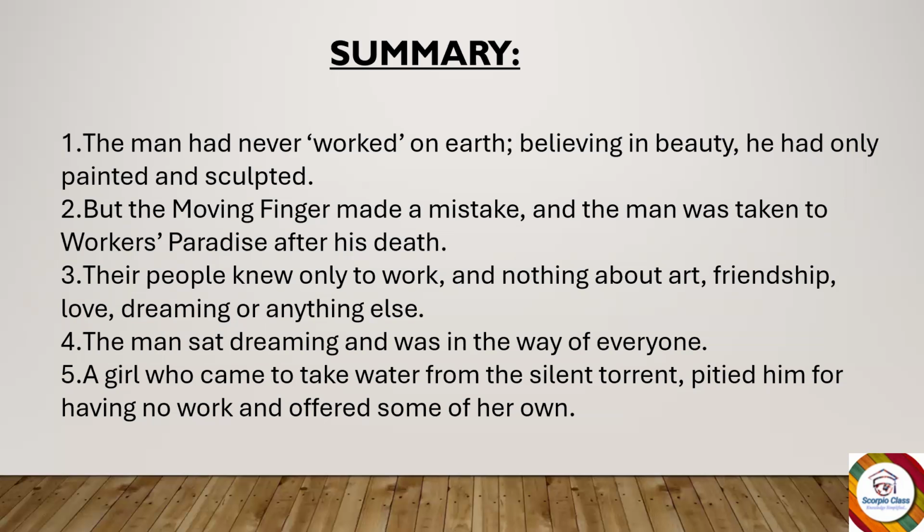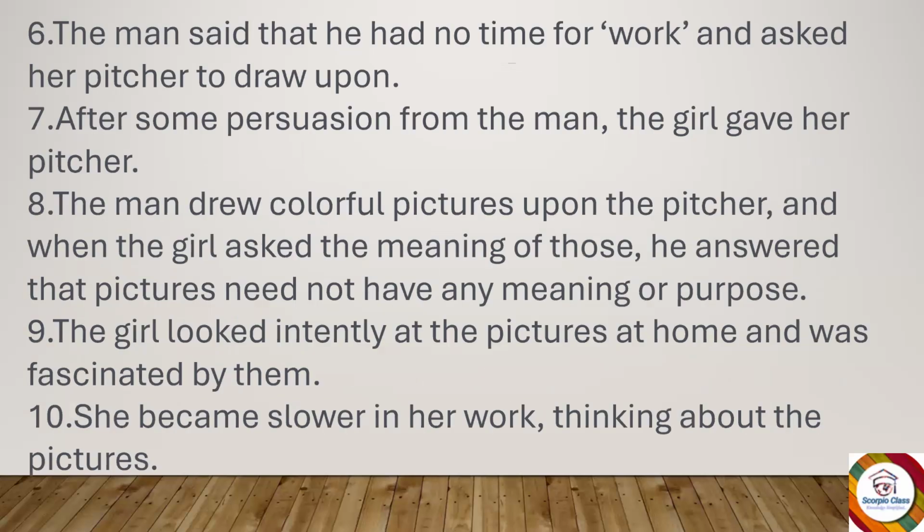A girl who came to take water from the silent torrent pitied him for having no work and offered some of her own. The man said that he had no time for work and asked the pitcher to draw upon. After some persuasion from the man, the girl gave her pitcher. The pitcher is a small pot, water pot, okay?